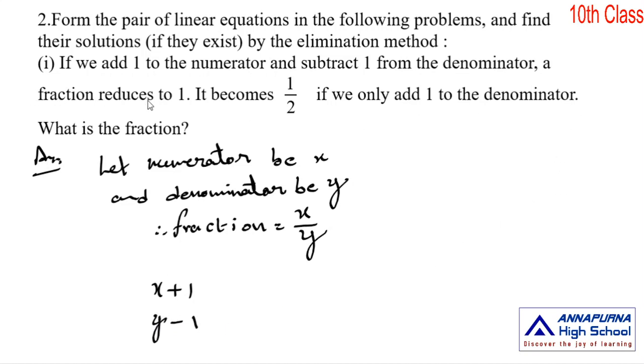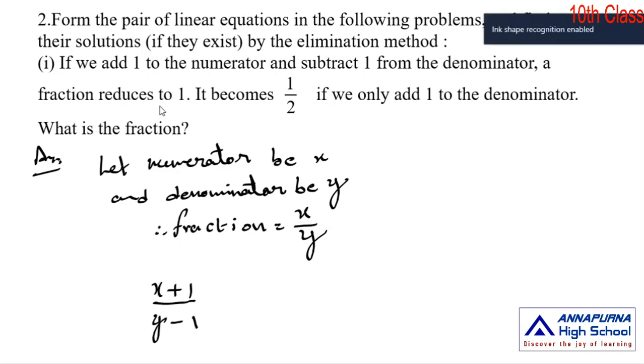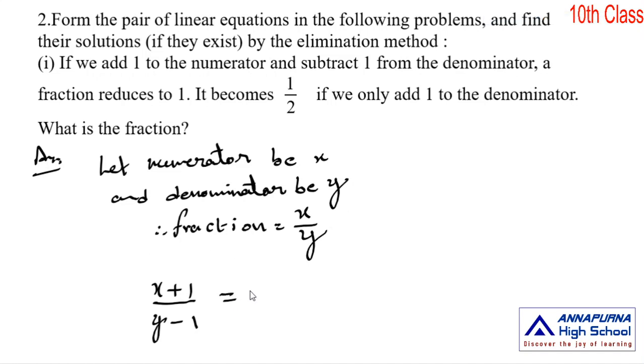Then a fraction reduces to 1. That means if we add to the numerator and subtract from the denominator, the resulting fraction is x plus 1 by y minus 1, and this fraction reduces to 1, which means this fraction value is equal to 1.